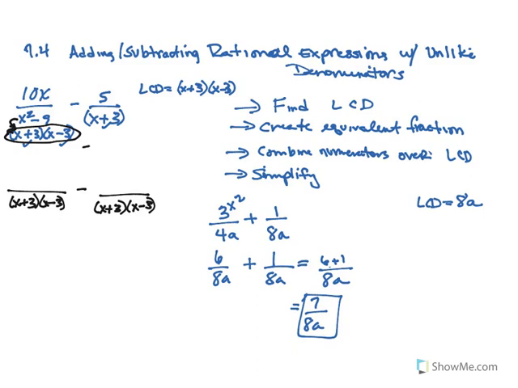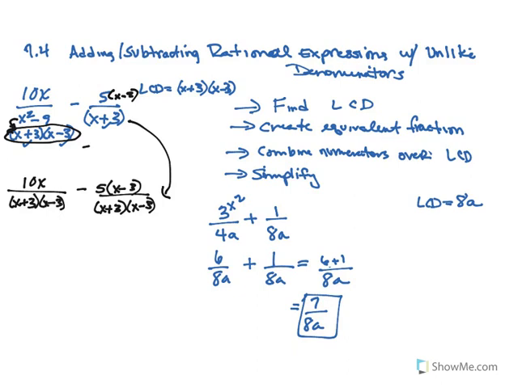So therefore, my numerator won't change. So the 10x can just come down. In the second fraction, though, what I had was x plus 3, and that's all I had. So what factor is missing from x plus 3 down to the new LCD, which is x plus 3 and x minus 3? Well, the factor that's missing is x minus 3. So I have to multiply my numerator by x minus 3.